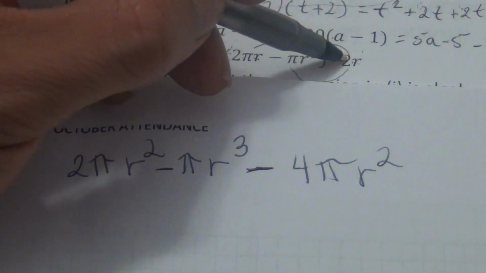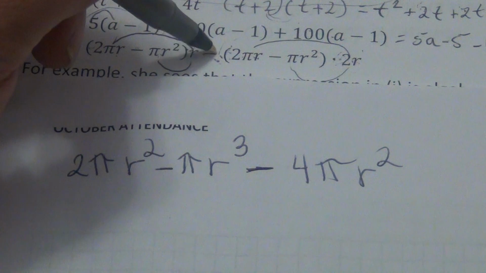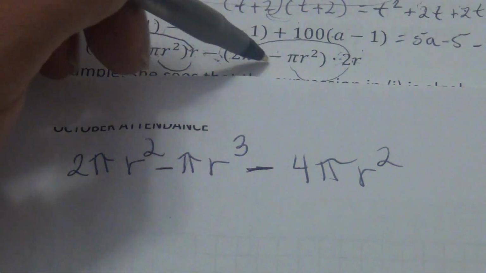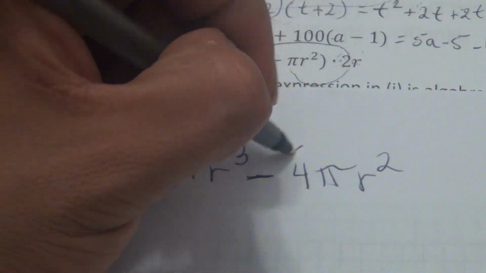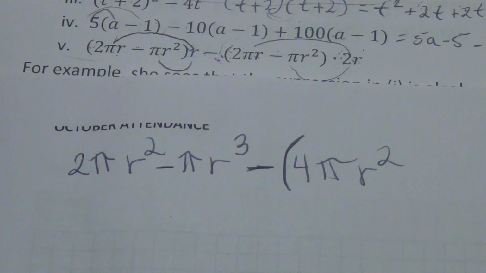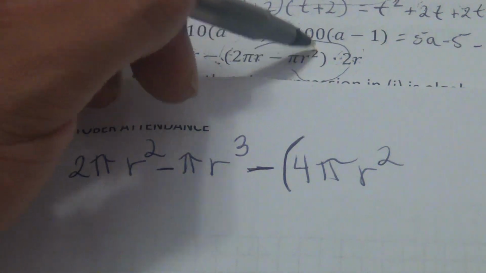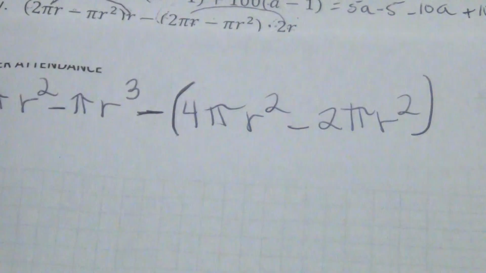Because if I was to put the 2r over here, then it would have been negative 2r times negative this, which will give you a positive. Because if I do it right now, you're gonna call me crazy, but I'm gonna have to put parentheses around it. Okay? And now 2r times negative pi r squared is negative 2 pi r squared. Okay, and that's what you get.